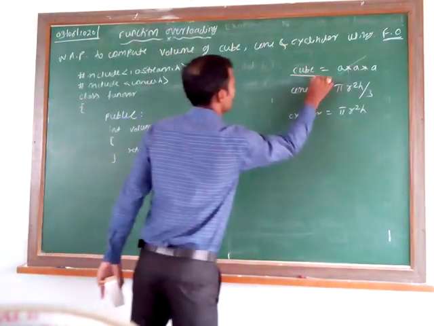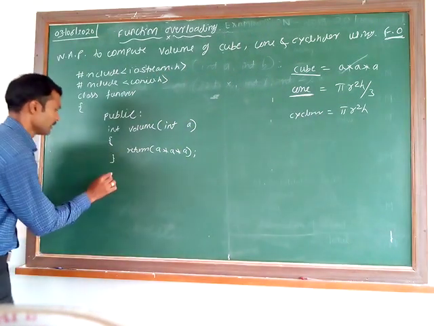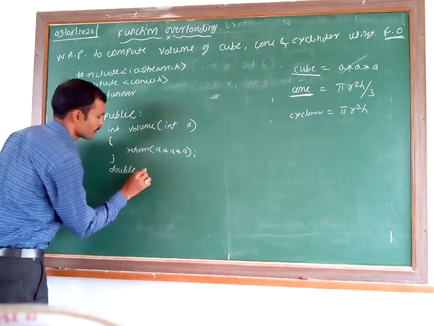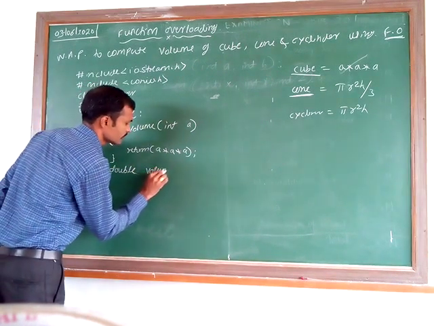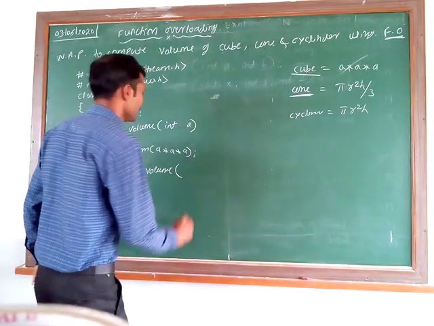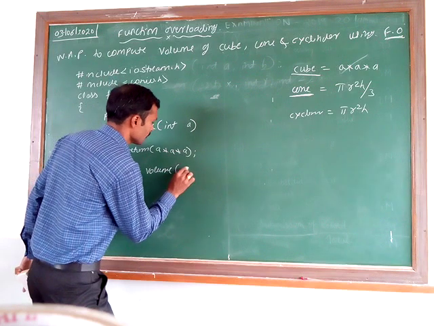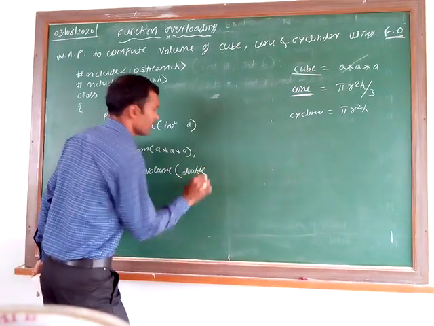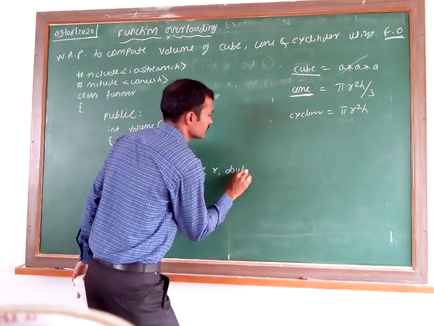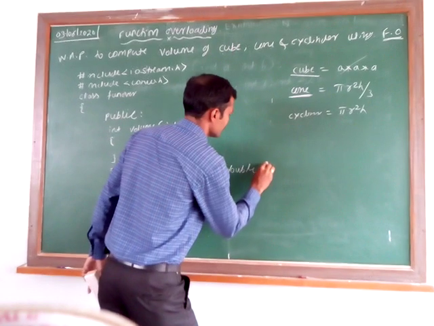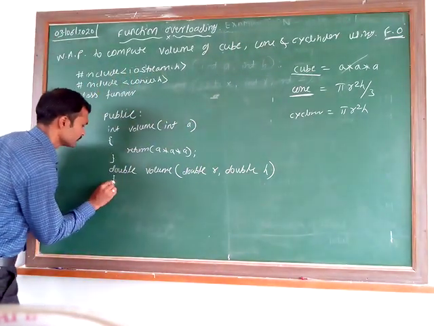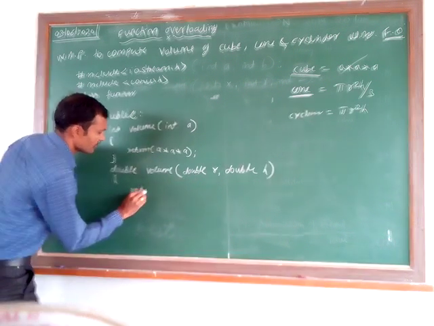Then second, for cone, I use a return type of double. The function name should be the same, value. Then I will take the arguments, double r and double h. Then return.